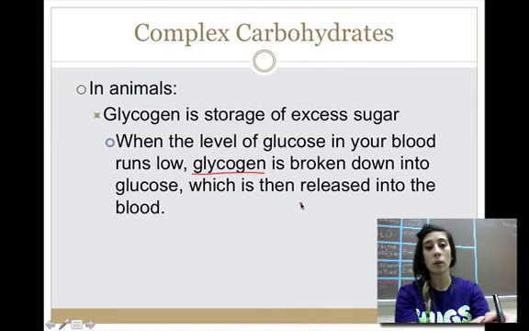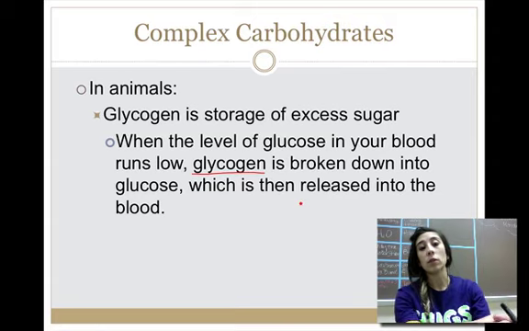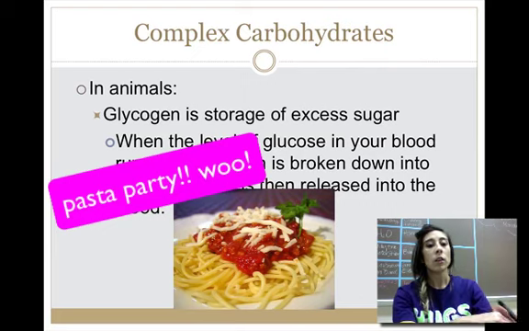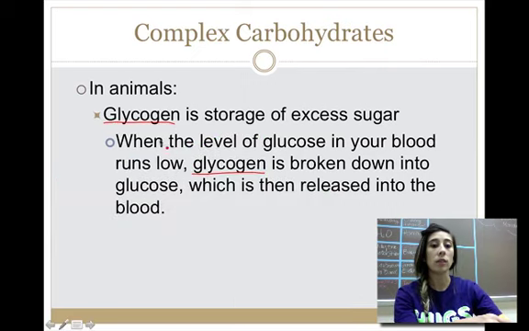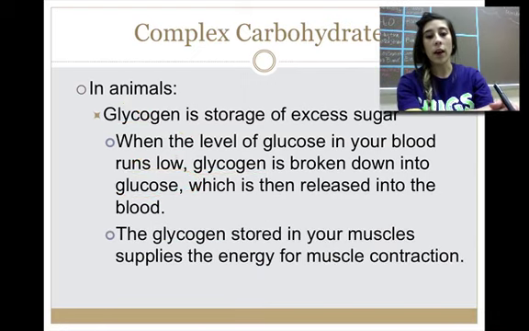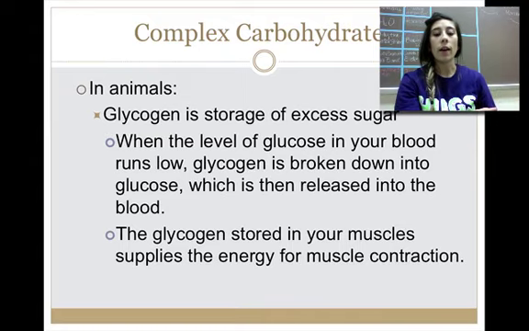So we can store up lots of sugar to be used, which is kind of why, you know, when you have those pasta parties before a race, you get all those glucose molecules being stored as glycogen, and during your race, glycogen is going to get broken down and it's going to turn right into glucose. And then that glycogen for humans is stored within the muscles. And so when you're running, you can have that energy and that storage for your muscle contraction.